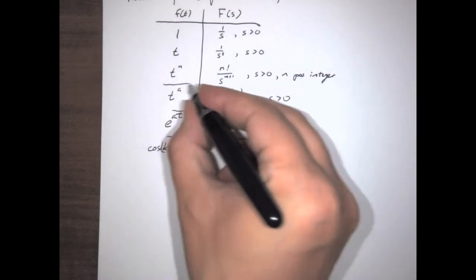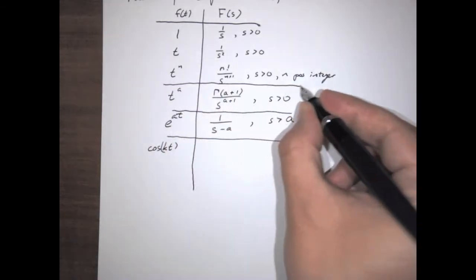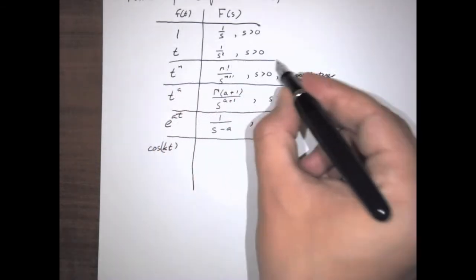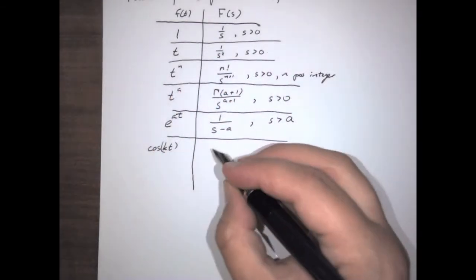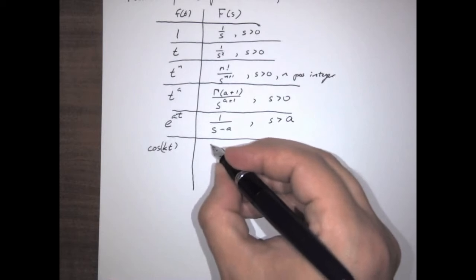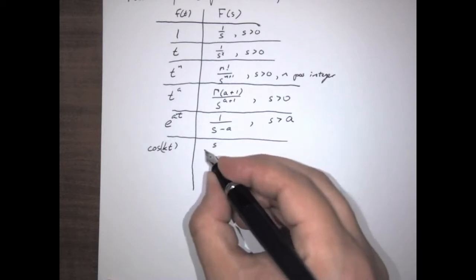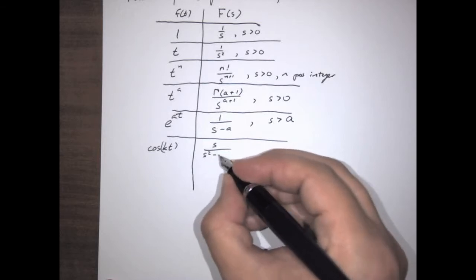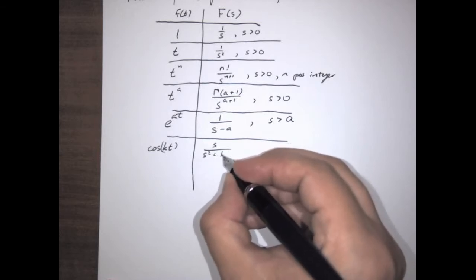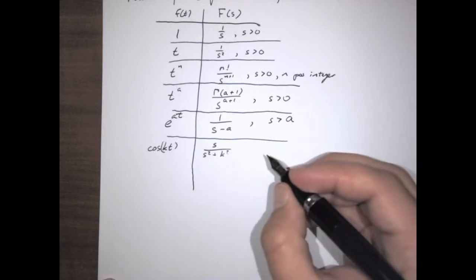Let me put some order into the universe here. Okay, so if we had cosine kt, then what we have is s over s squared plus k squared.